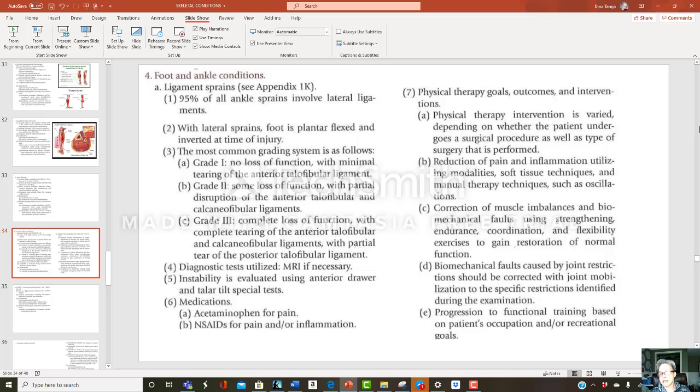Correction of muscle imbalances and biomechanical faults using strengthening, endurance, coordination, and flexibility exercises to gain restoration of normal function. Biomechanical faults caused by joint restrictions should be corrected with joint mobilization to the specific restrictions identified during the examination. Progression to functional training based on patient's occupation and or recreational goals.